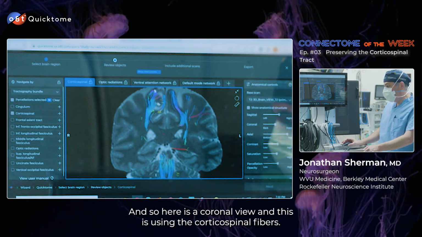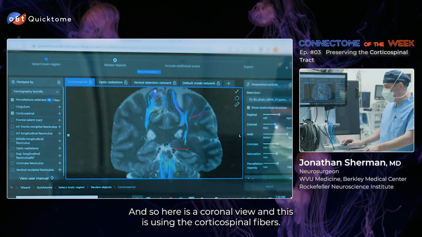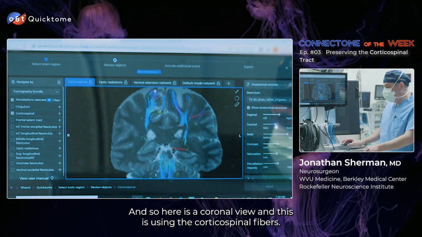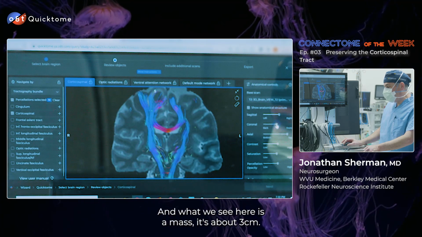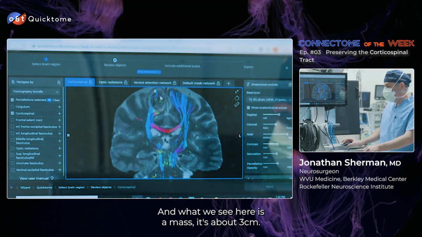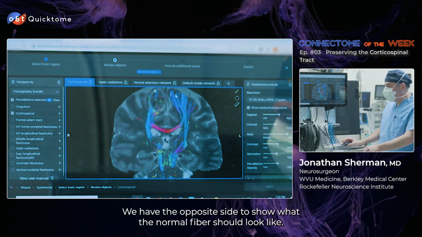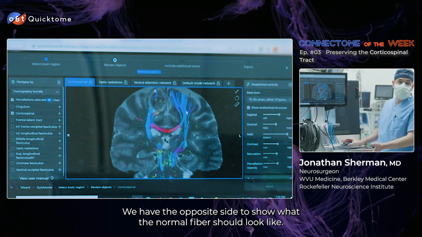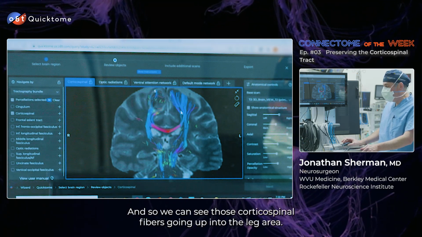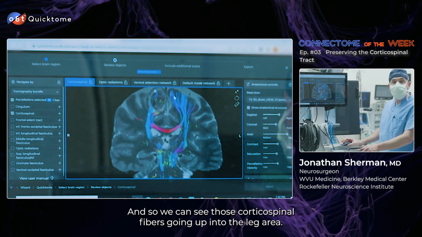And so here is a coronal view, and this is using the corticospinal fibers, and what we see here is a mass. It's about 3 centimeters. On this coronal view we can see that. We have the opposite side to show what the normal fibers should look like, and so we can see those corticospinal fibers going up into the leg area.